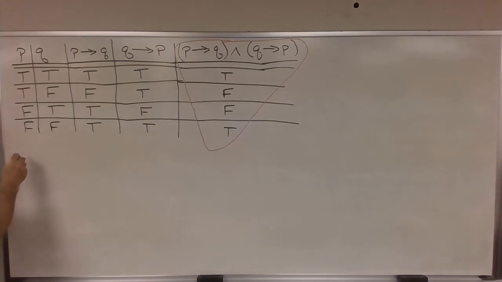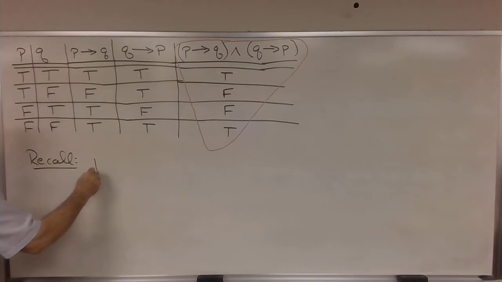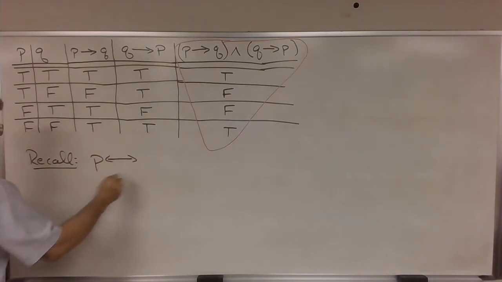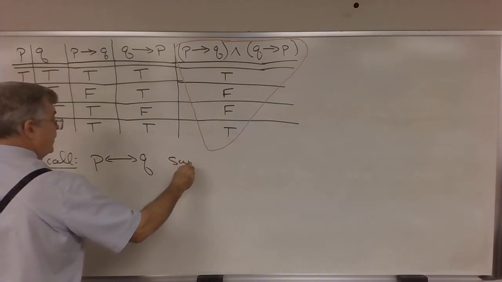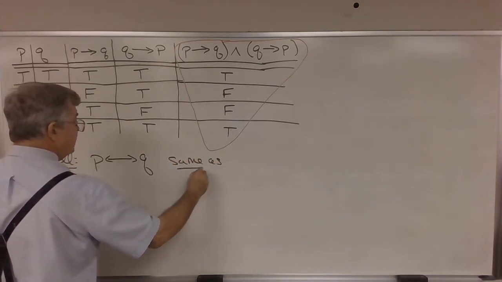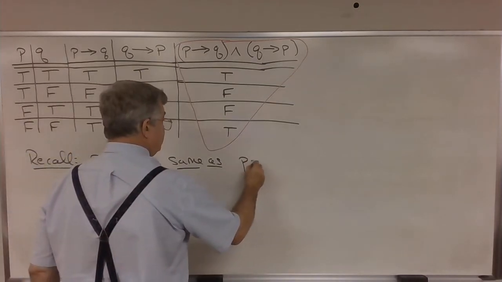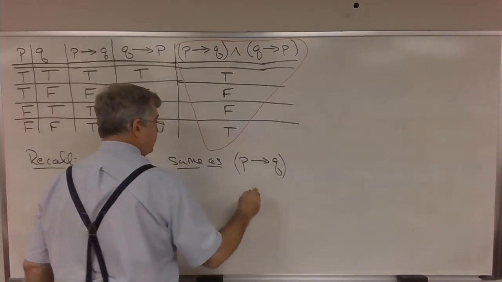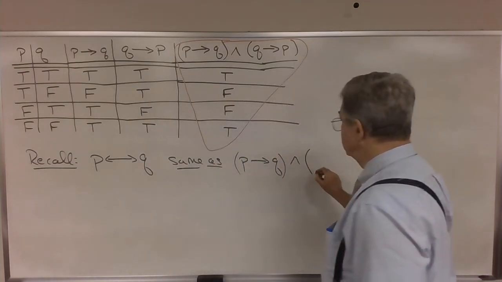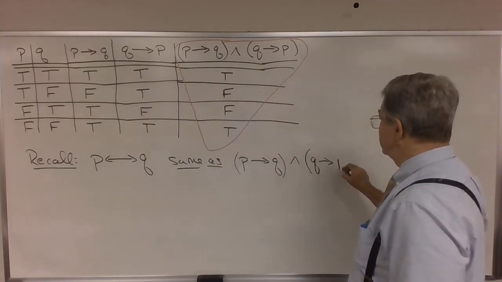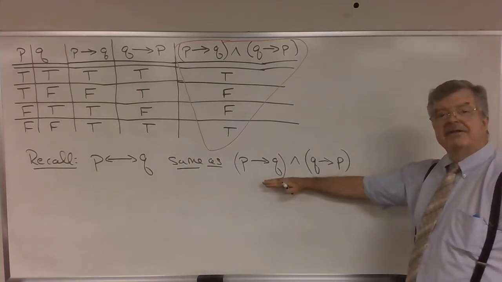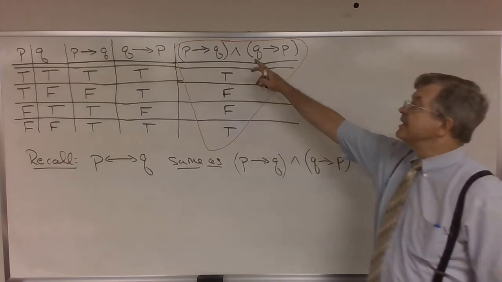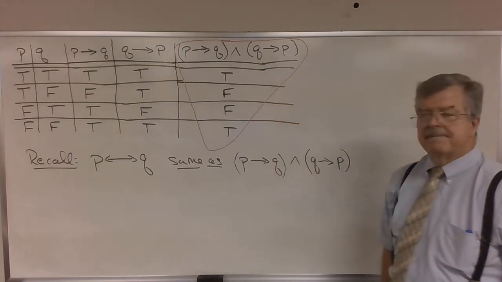So we recall P if and only if Q is the same as P implies Q and Q implies P. And we have the truth values for this statement right here in this column.